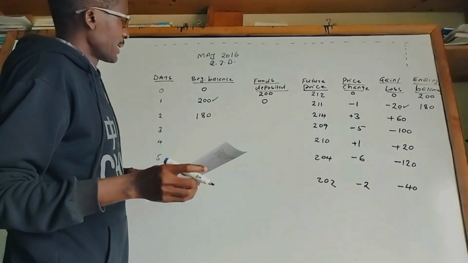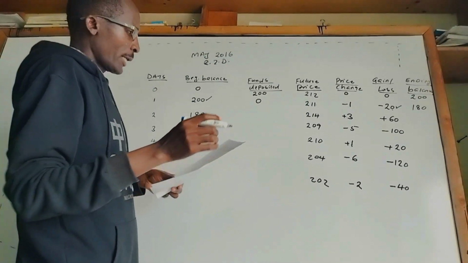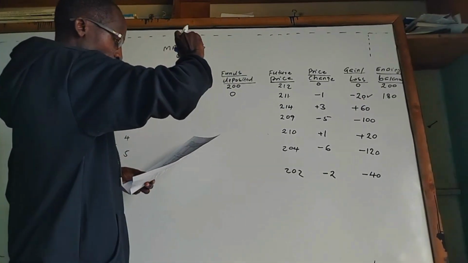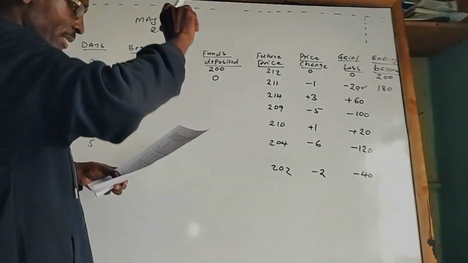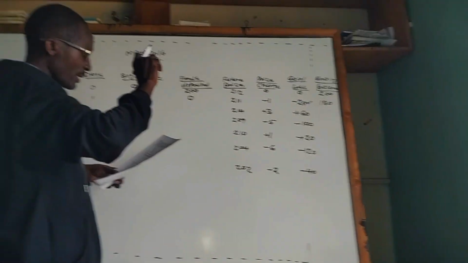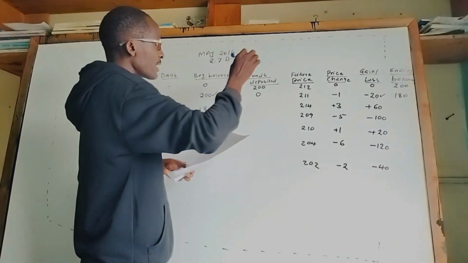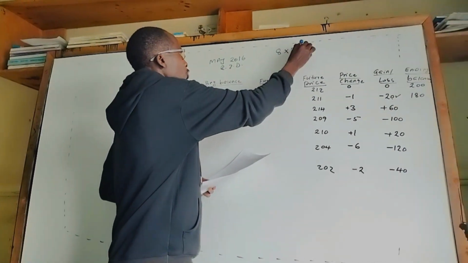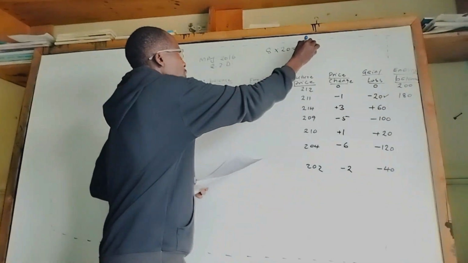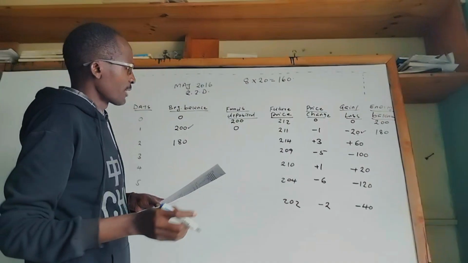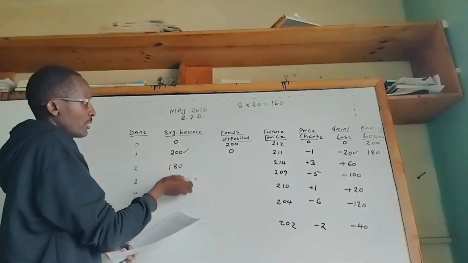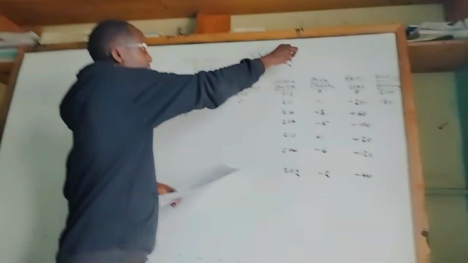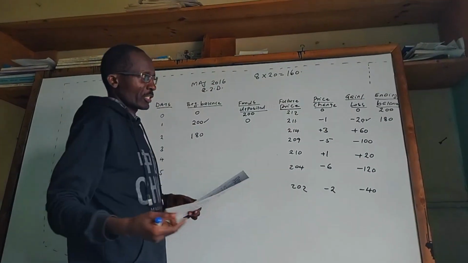Now 180. Again you have to note somewhere that this point is very important: the maintenance requirement is 8 and we have 20 contracts. So this 160 figure is very important. It is the one guiding us to see whether our balance goes below 160.